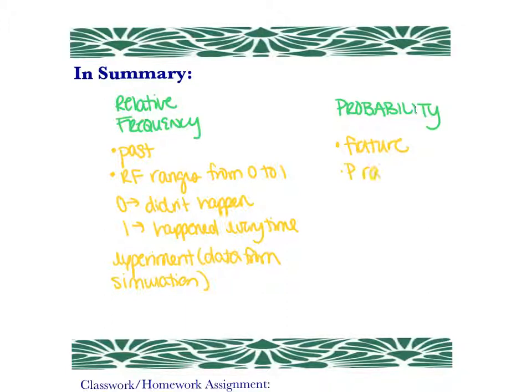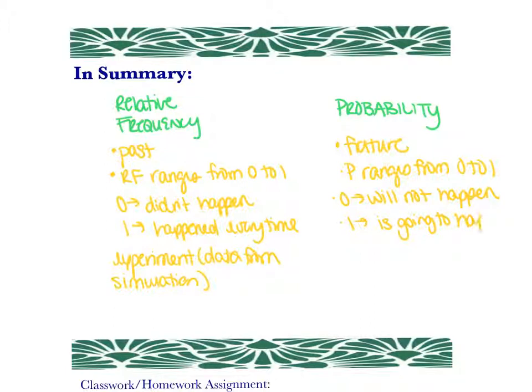Probability also is going to range from 0 to 1. Same thing, 0 meaning it will not happen, and a 1 meaning it is going to happen every time.